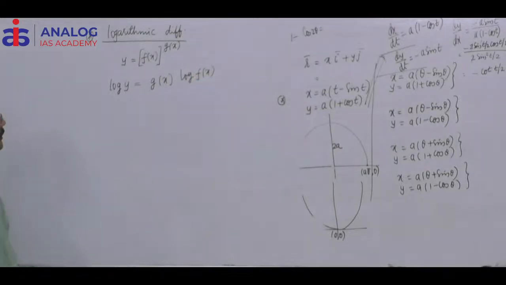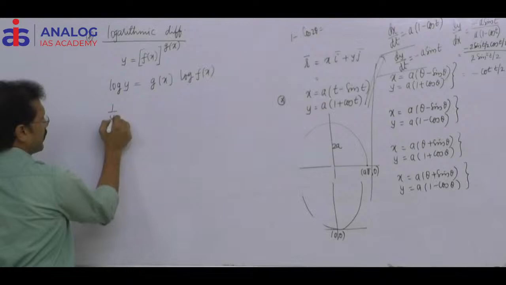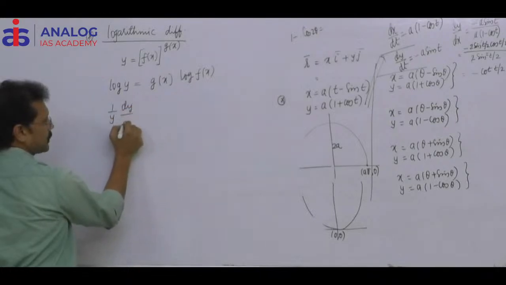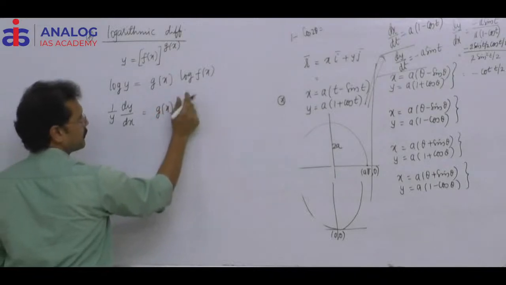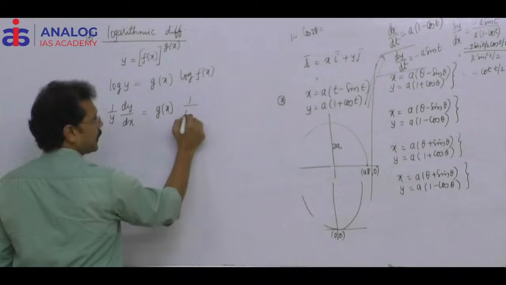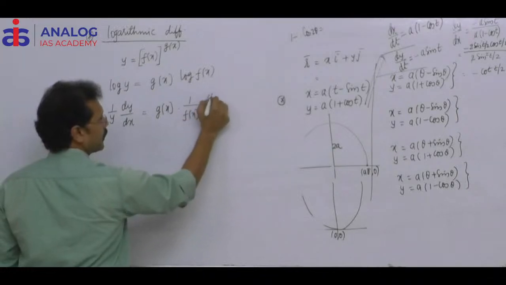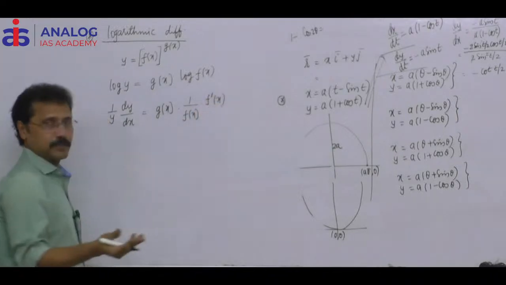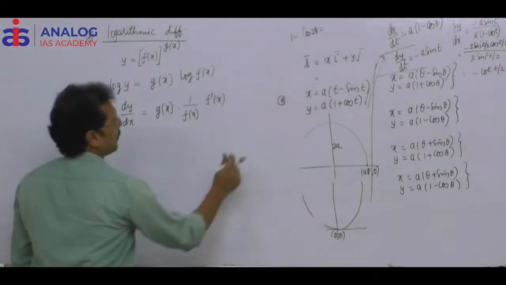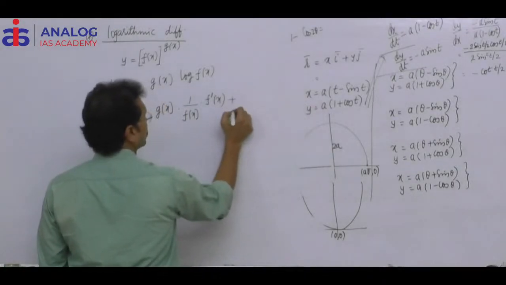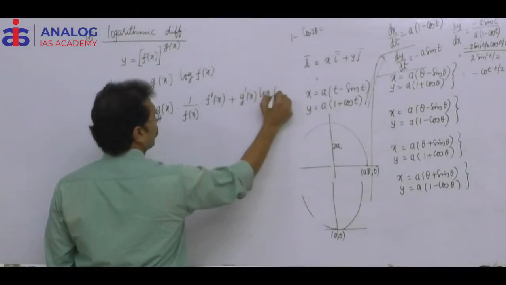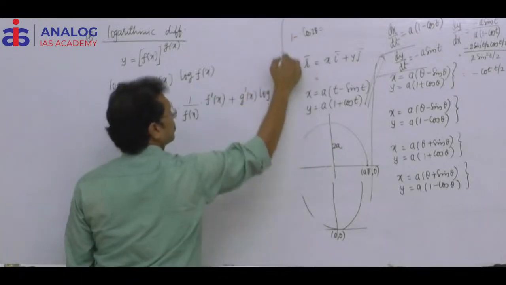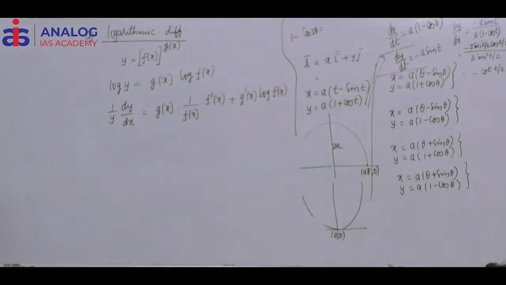Now if I differentiate, 1 by y dy by dx is equal to, using the product rule, g of x into 1 by f of x into f dash of x, where f dash of x is df by dx, plus g dash of x into log of f of x.